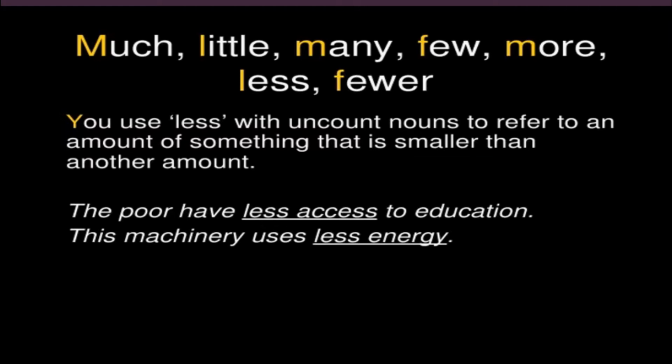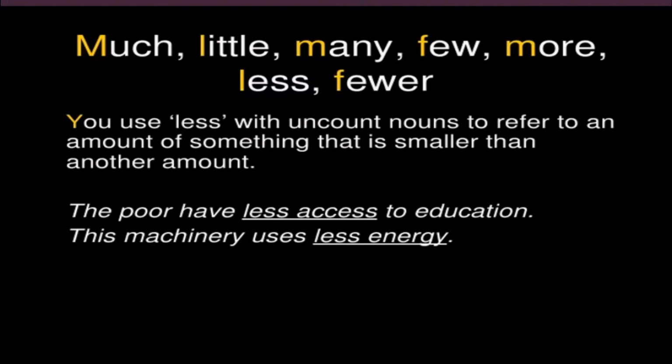This machinery uses less energy. Esta maquinaria usa menos energía. Okay, so remember, we have to use less when the amount of something is smaller than another amount. In this case, it is a comparative, cuando estamos comparando, but with small quantities.